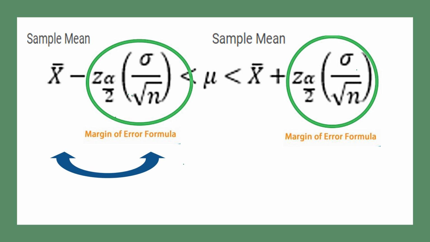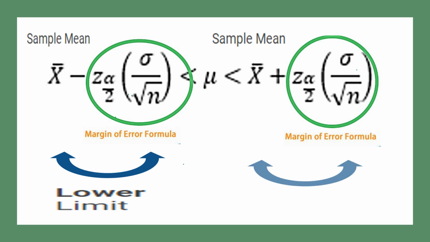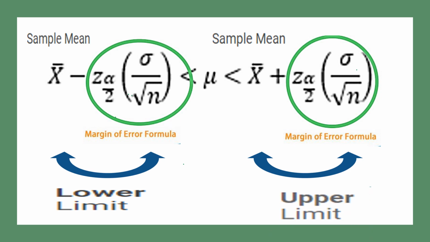So, ang ibig sabihin, we will add the margin of error sa ating sample mean. Then, the result of subtraction is our lower limit, and then the result of addition is the upper limit. So, kung babasahin natin ito, starting sa center, confidence interval would be the population mean is greater than the lower limit but less than the upper limit.